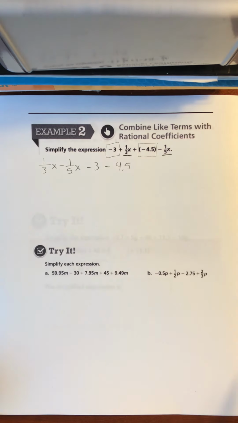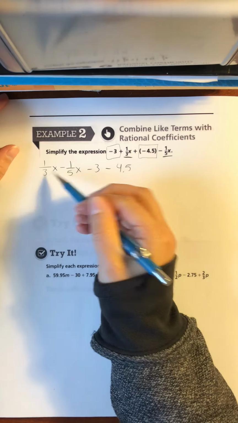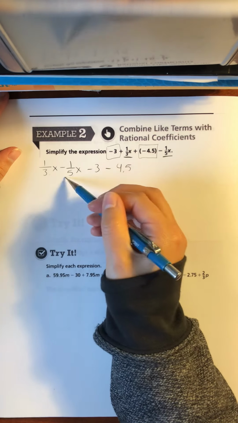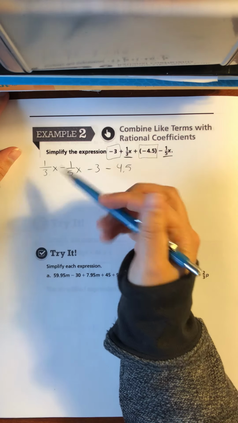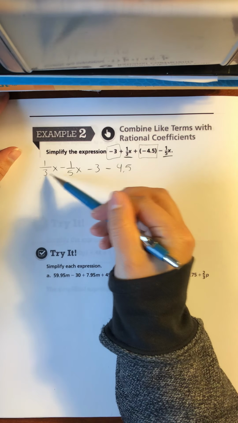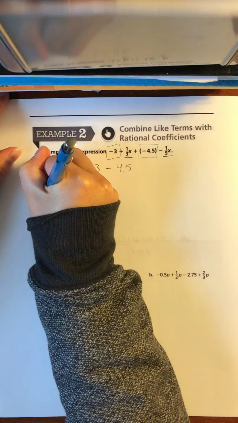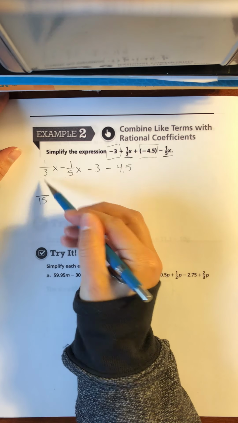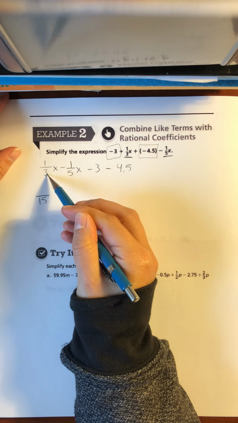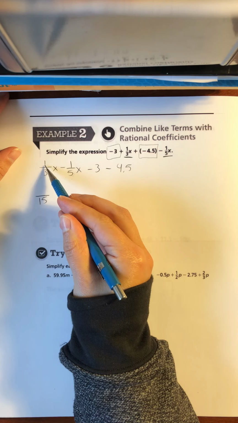Negative 1/3 x and negative 1/5 x, we can't combine these until we create a common denominator. Our common denominator is 15 because 3 times 5 is 15. If I make the denominator 15 here, I multiplied by 5, so I need to multiply the top by 5.